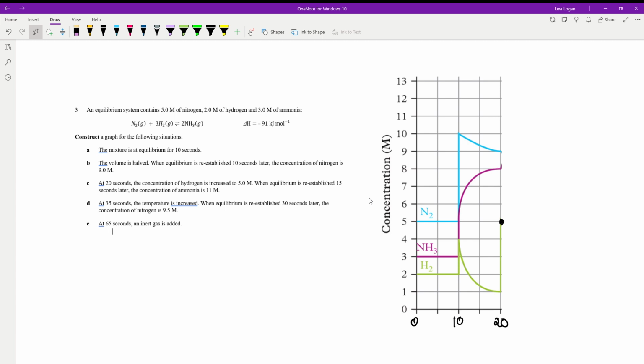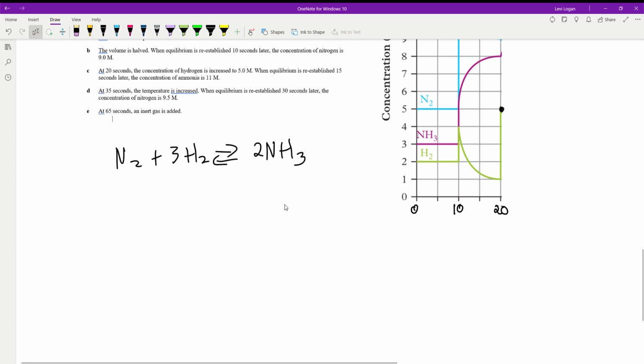So let's take a look at this equation here. N2 plus 3H2 gives ammonia. If I've increased the hydrogen, Le Chatelier's principle basically says any change made to a system in equilibrium will oppose that change. So if I increase something, it wants to decrease it.